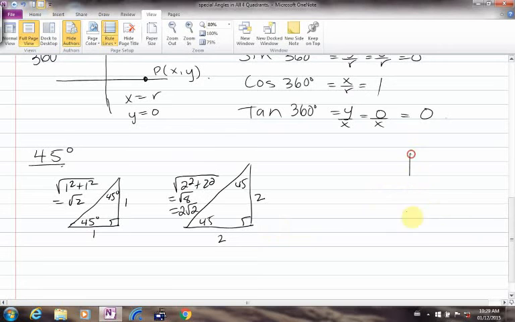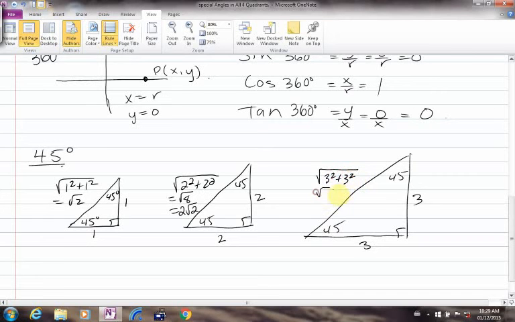All right, what if I made my triangle a little bit bigger? Now what's the length of my hypotenuse? No, not 9. It'd be the root of 3 squared plus 3 squared, so root 18, which would be 3 root 2.